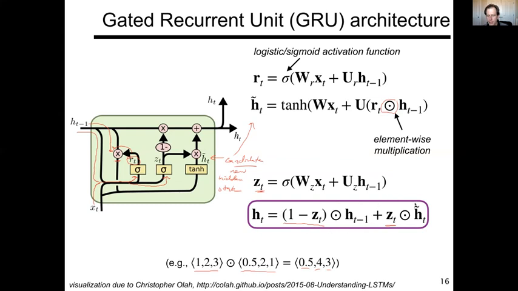So to the extent that elements of Z are large, this part is not going to contribute very much to the new hidden state, and the candidate hidden state will contribute a lot. But to the extent that elements of Z are small, the candidate hidden state is not going to contribute very much, and rather the previous hidden state is going to just continue on unperturbed.